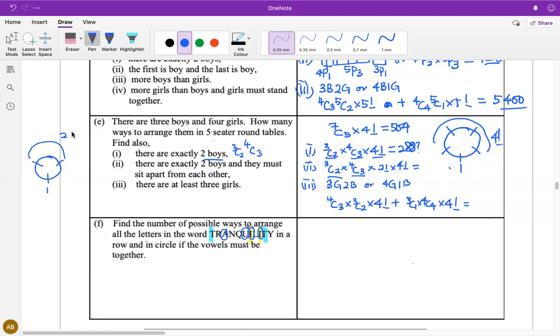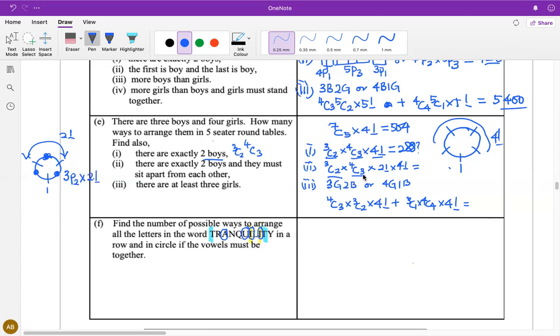The 2 factorial. 2 can either this way or this way. Okay. And then the boys can sit in between. So 3P2 times 2 factorial. Okay.